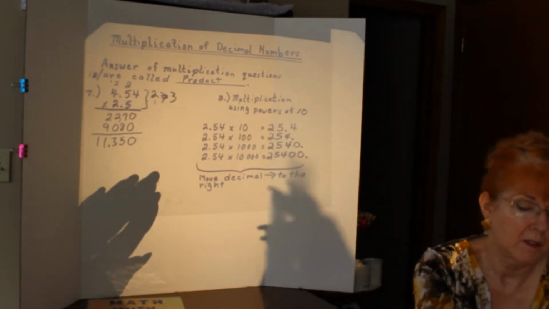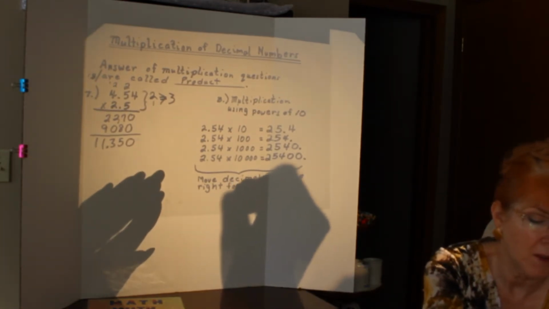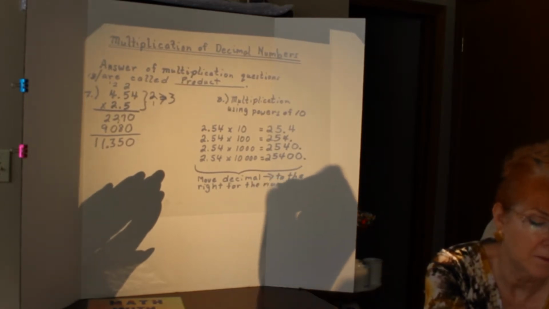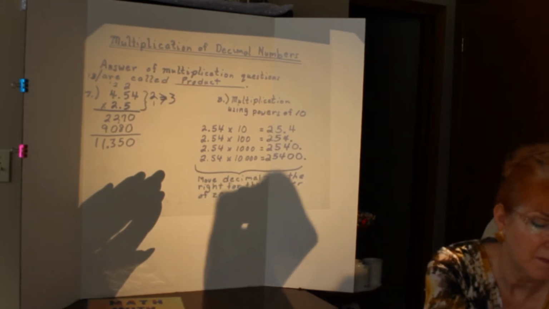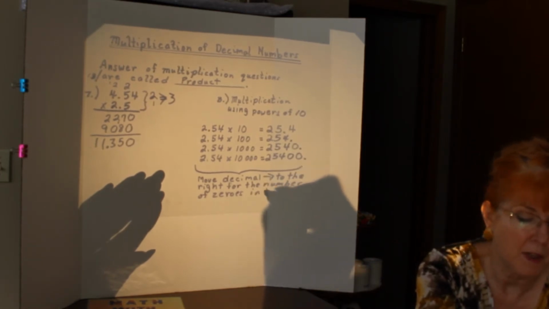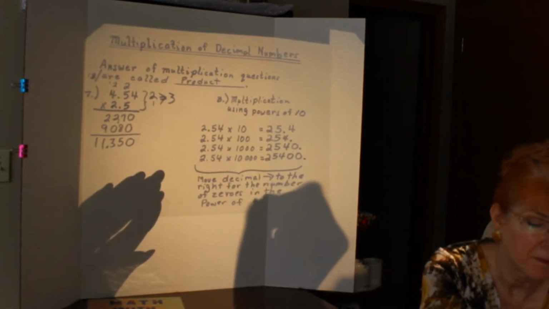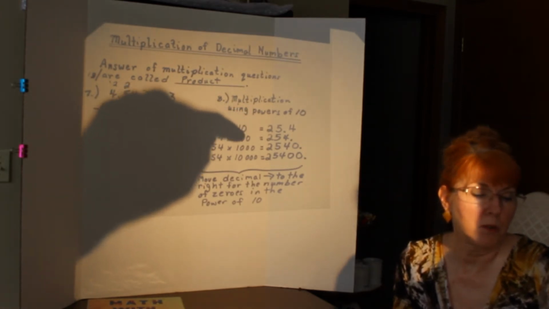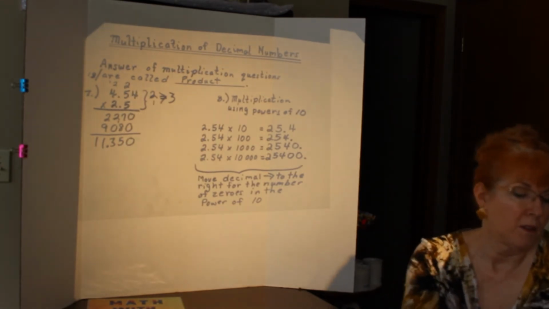So you're moving the decimal to the right for the number of zeros in the power of 10. So 1 zero, 2 zeros, 3 zeros, 4 zeros, 5 zeros, 6 zeros, etc. So you can keep going.